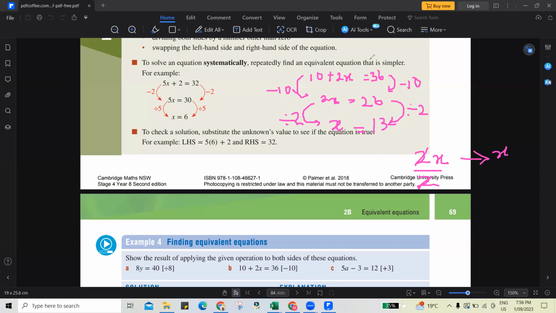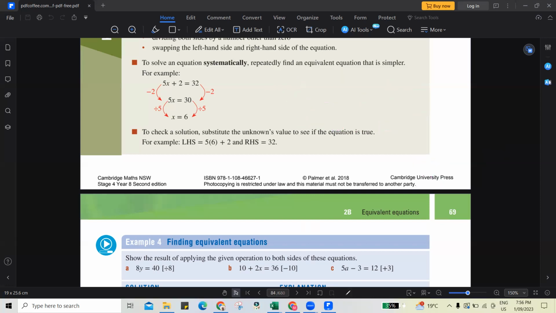Have you written answer? Good. Next one, try this one. 5a minus 3. We have done so many examples. You should get this one correct.